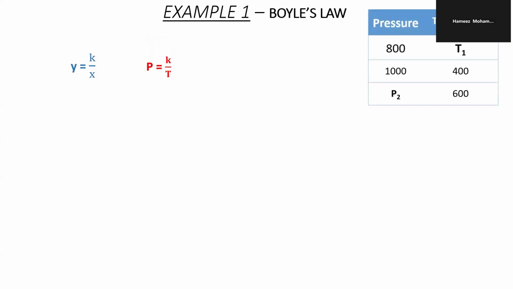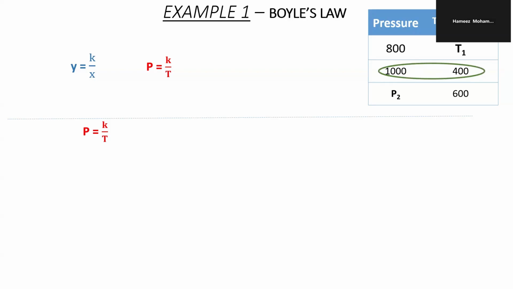Let's bring up this question here. And if P is equal to K over T, we have 3 variables, P, K, and T. And if we look at our table, you can see in the second line, we have pressure and temperature. So if we know P and T, we can put it in there. Let's substitute, right?